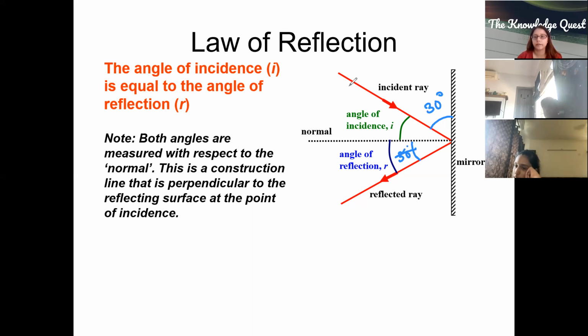It adds up to 90 degrees. So what is the angle of incidence? That angle plus the angle of incidence is 90. So 90 minus 30 is the angle of incidence, that's 60. And the angle of incidence is equal to the angle of reflection. So 60. Excellent. We are clear on this, right? Very good.